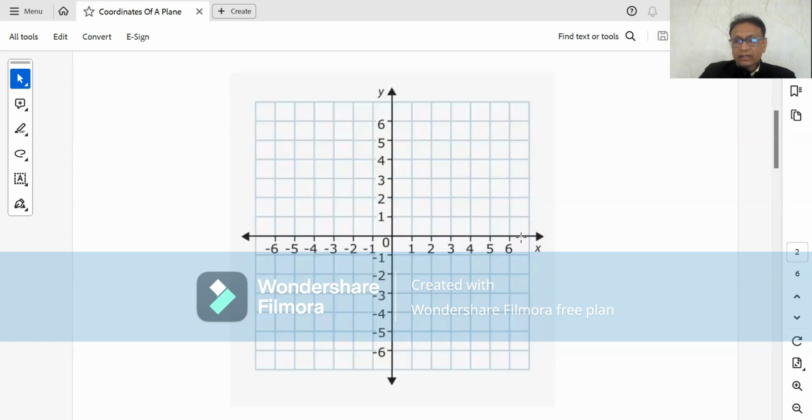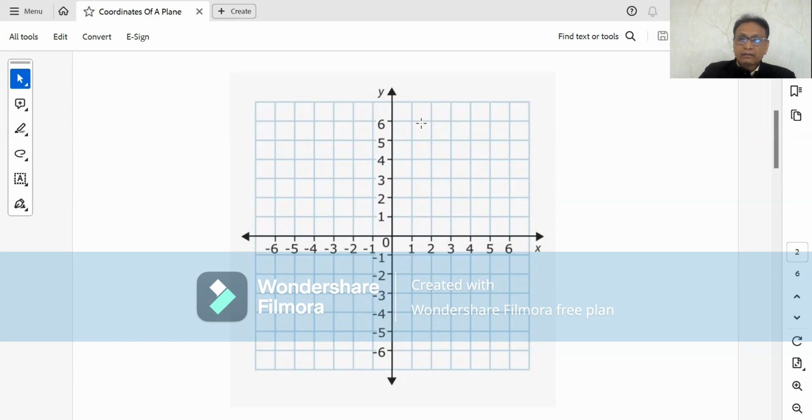The horizontal line or the x-axis, its value increases as we go towards right. 1, 2, 3, 4, 5, 6, like. And if we go towards left, its value decreases.